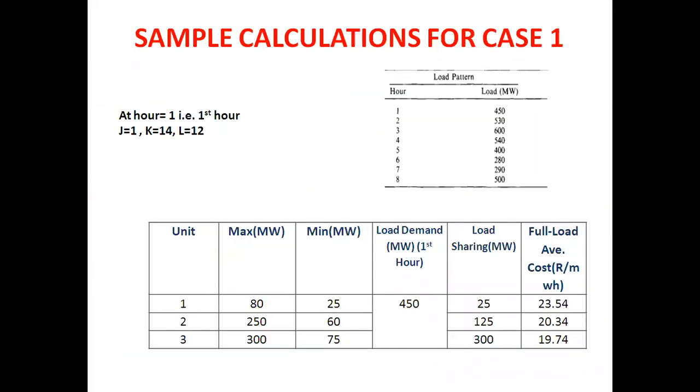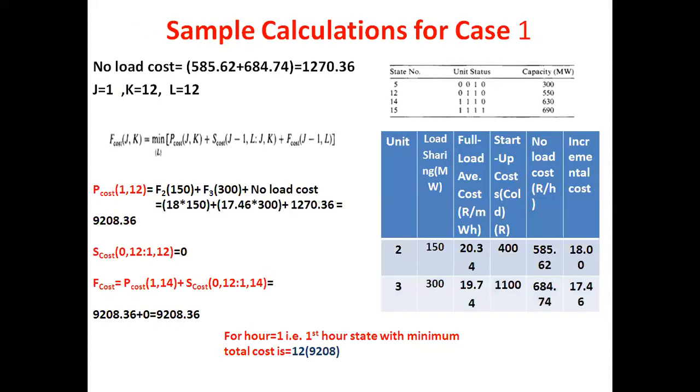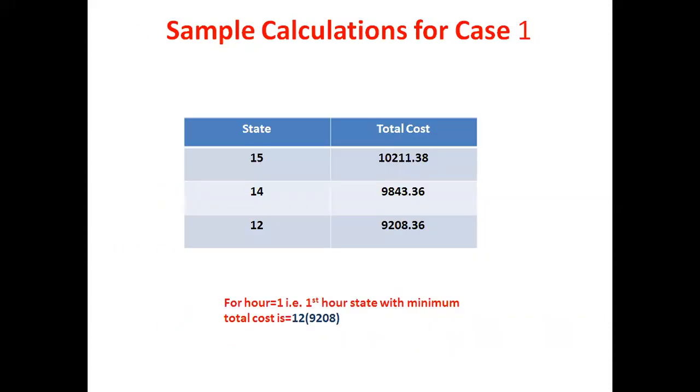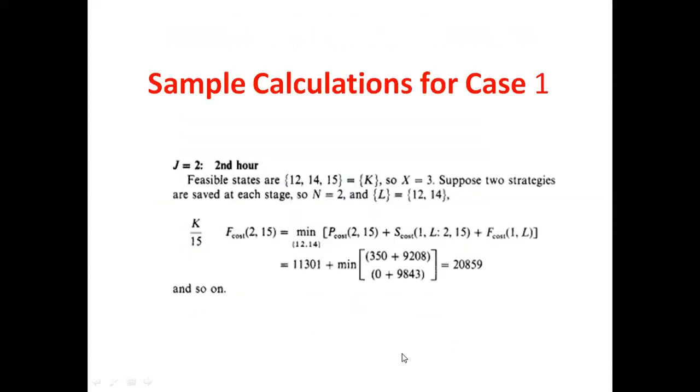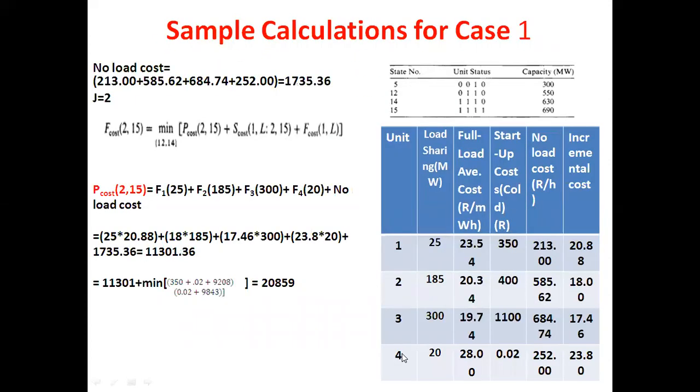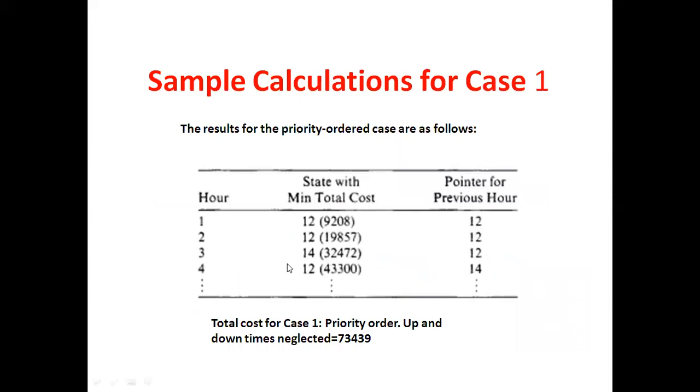Minimum value means the minimum cost value for each hour. We have seen for our first hour, the minimum value is given by state 12, that is 9208. So in this way, we have to calculate for each hour and find the minimum value. For hour 1, state 12 will give 9208.